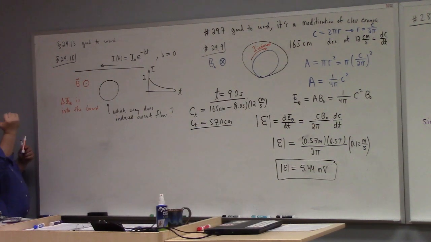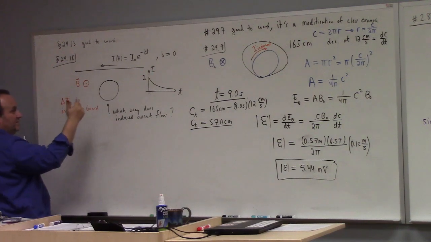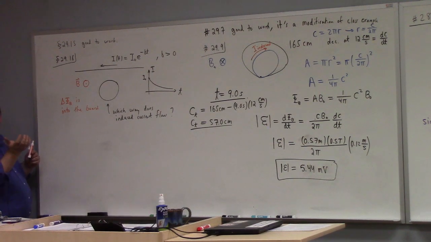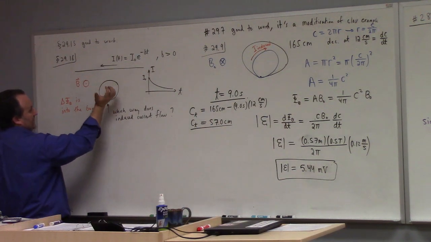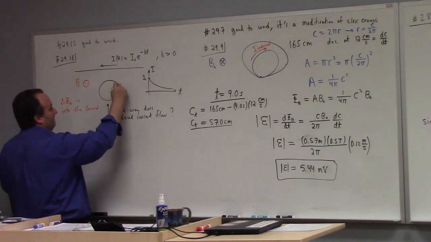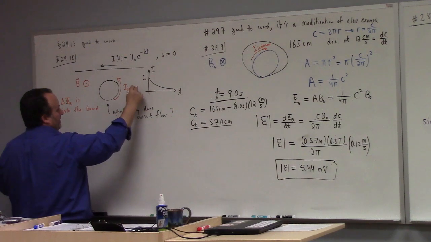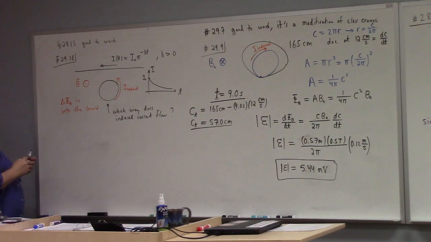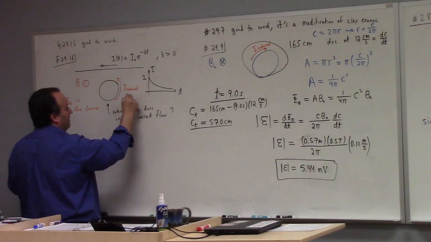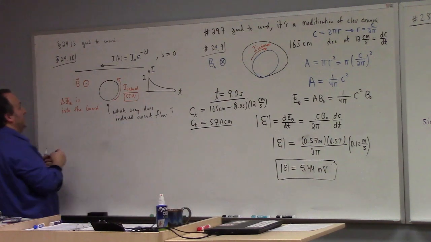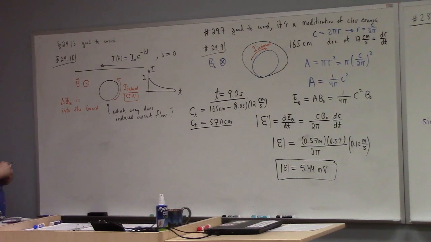So if you're decreasing the ones going out of you, you want to increase the magnetic field lines coming out at you, which means that the induced current should be like this. Which would be counterclockwise, right? So the answer here should be counterclockwise.